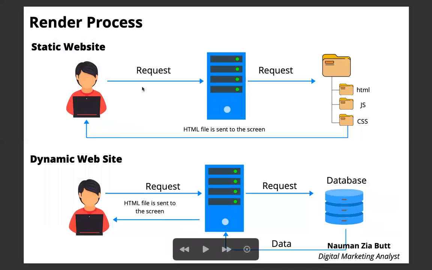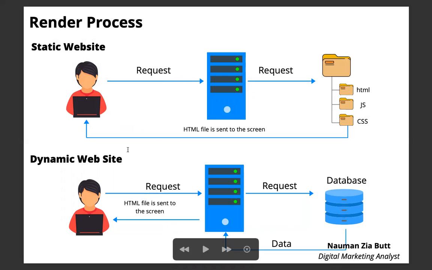You just request www.yourwebsite.com, and that request goes to the server, and the server digs up the ready-made HTML files, there's a very small render process, and then the server sends all the files to your screen. You see there's a very small journey here.